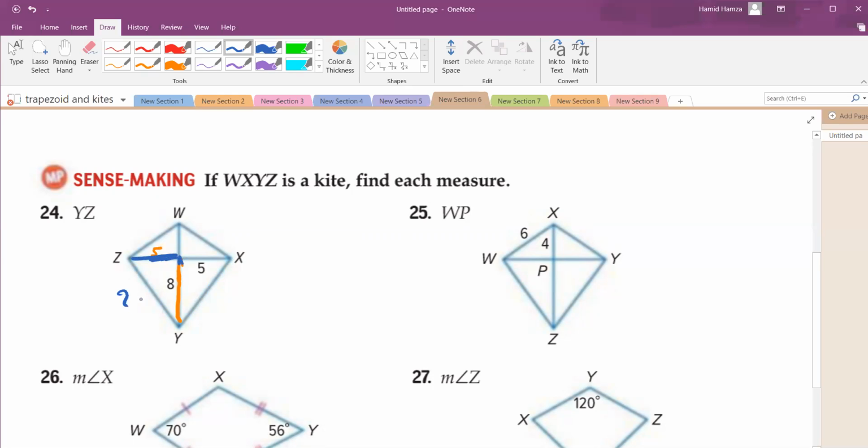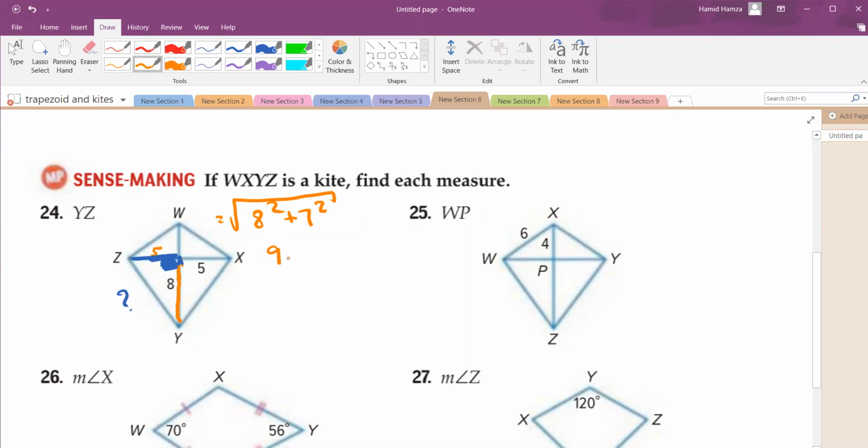We wanted to find this, and this is the right angle. Decide: is ZY a hypotenuse or a leg? ZY is the hypotenuse. So it will equal the square root of 8 squared plus 5 squared, which equals 9.4.